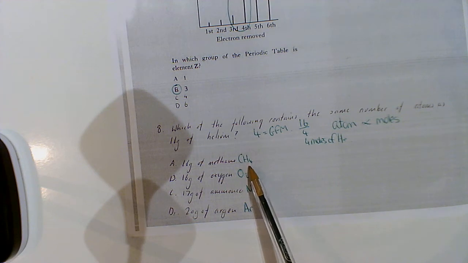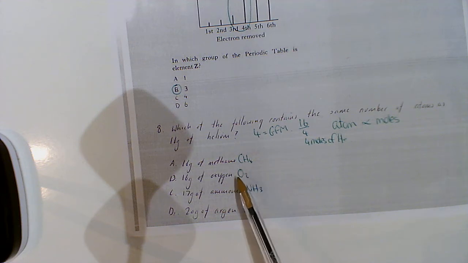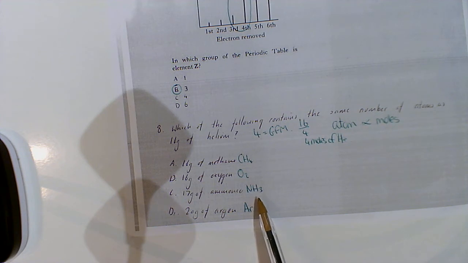So for every mole of methane, we'd have 5 moles of atoms. For oxygen, we have 2 atoms of oxygen for every 1 oxygen molecule. So for every 1 mole of this, we'd have 2 moles of atoms. There's 4 atoms in ammonia, so for every 1 mole of ammonia, we have 4 moles of atoms. And argon is monoatomic, so the number of moles of argon equals the number of atoms in argon.